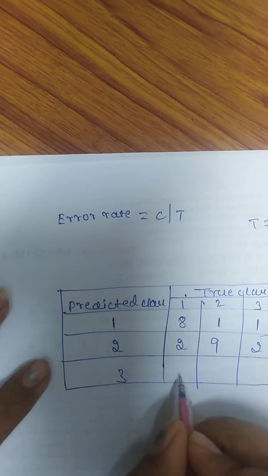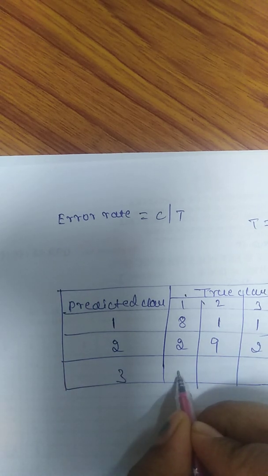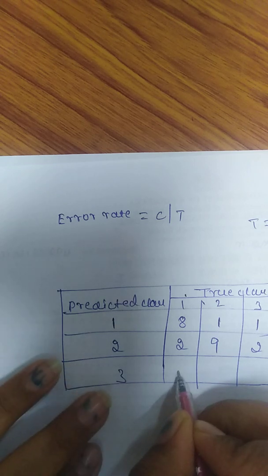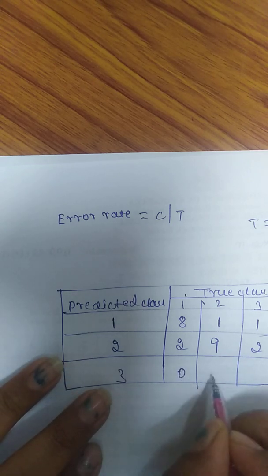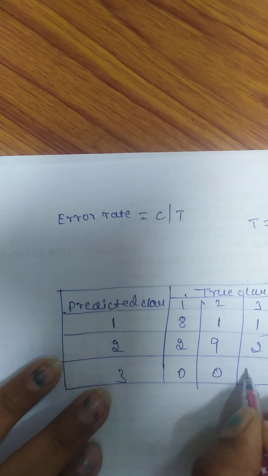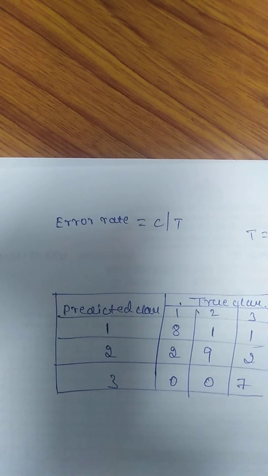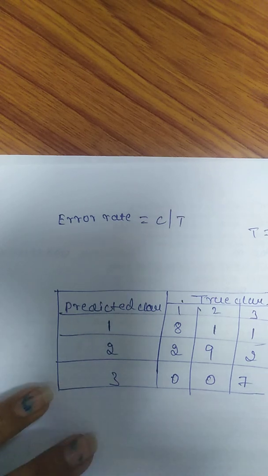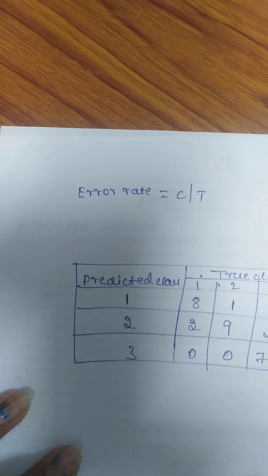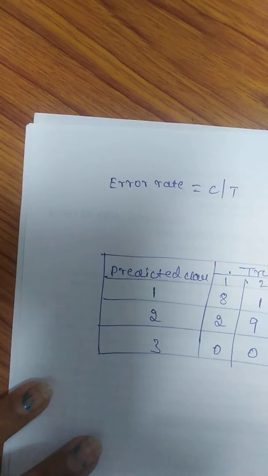Third day we can predict 3, but we can't do anything here. After third hour we can take 7 classes. This is your representation of the confusion matrix of 3 classes.